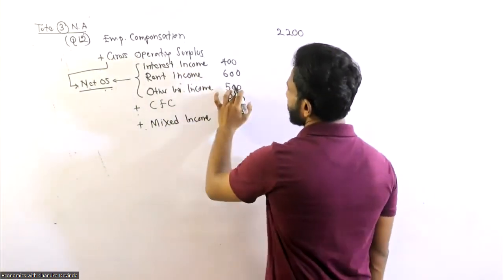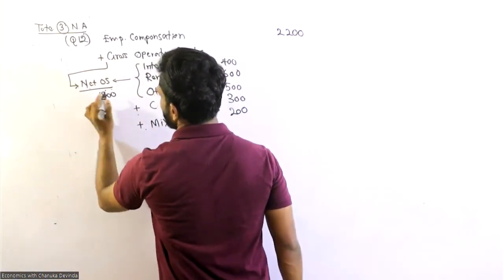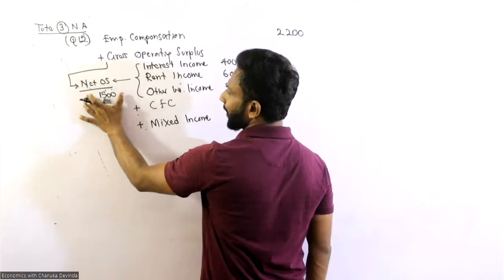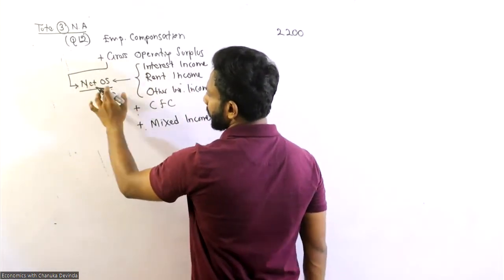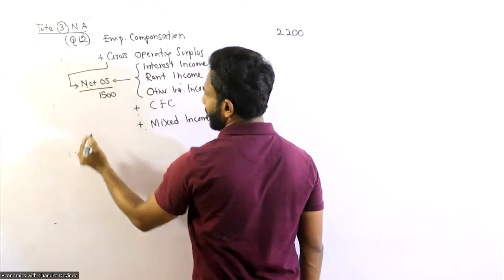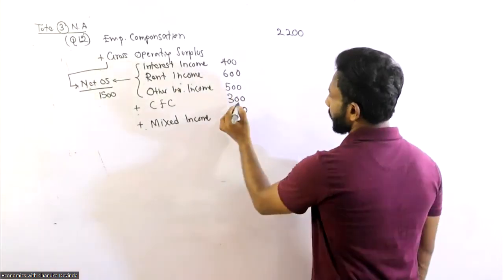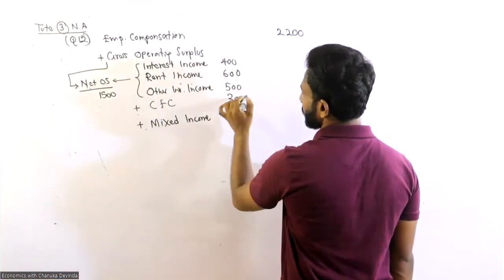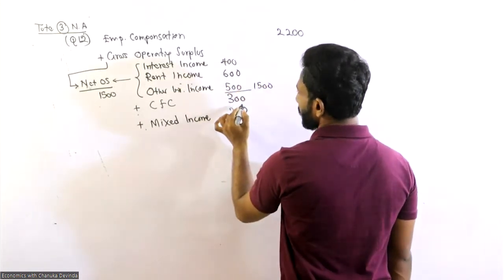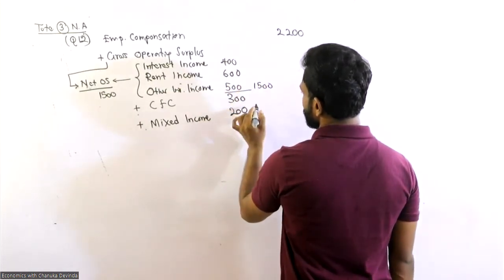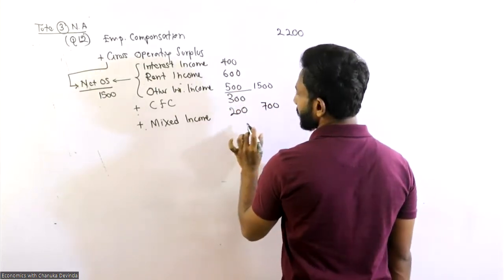So here net operating surplus is 1,500. It's not necessary, but I'm displaying it for your understanding, right? Just for understanding. Here 1,500 net operating surplus, and here 700 more.